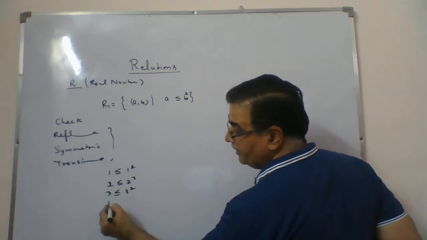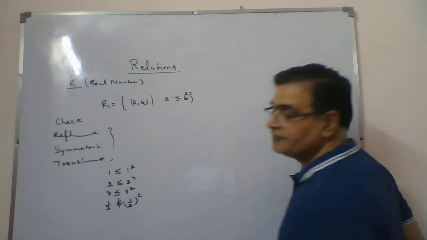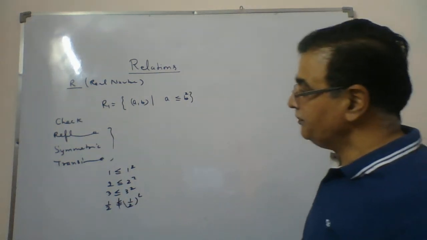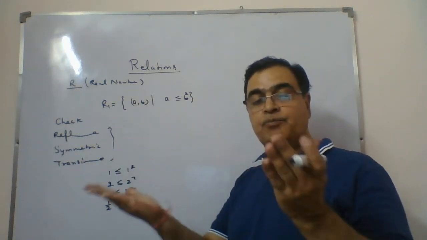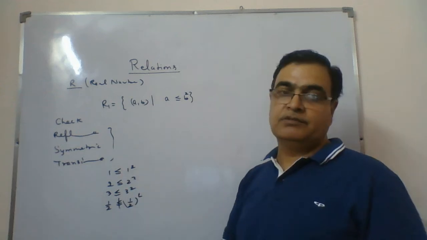But by the way, if I take half and half square, you will find it is not valid. So it is valid for numbers which are 1 or above, but when you take a number between 0 and 1, it fails.